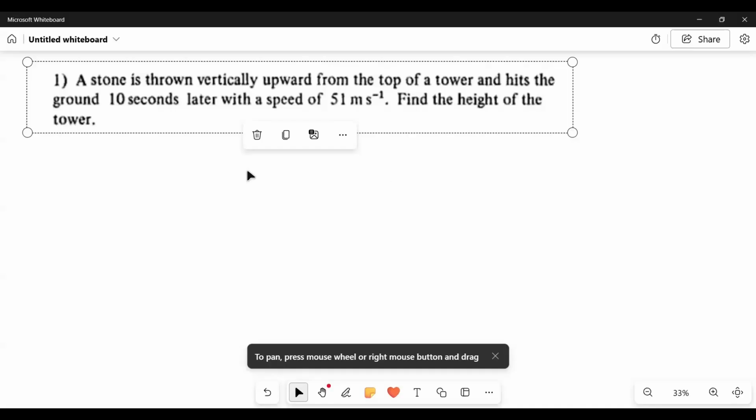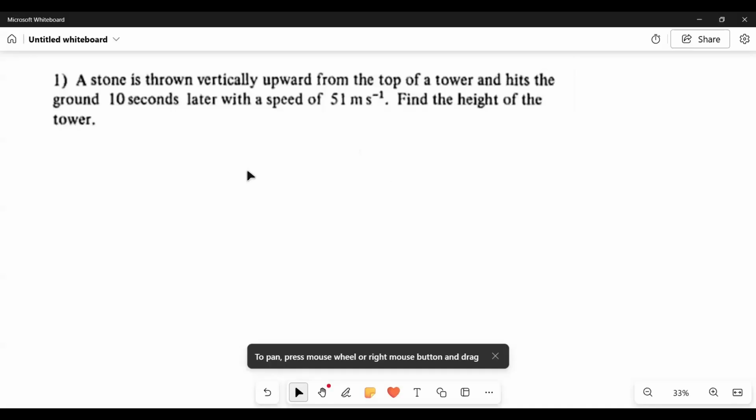You're seeing this one? So it's saying that a stone is thrown vertically upward from the top of a tower and hits the ground 10 seconds later with a speed of 51 meters per second. They want you to find the height of the tower.